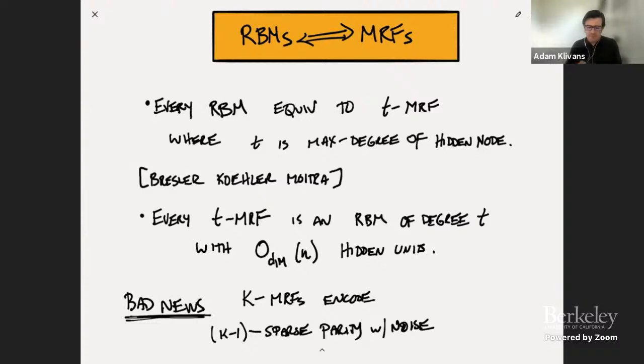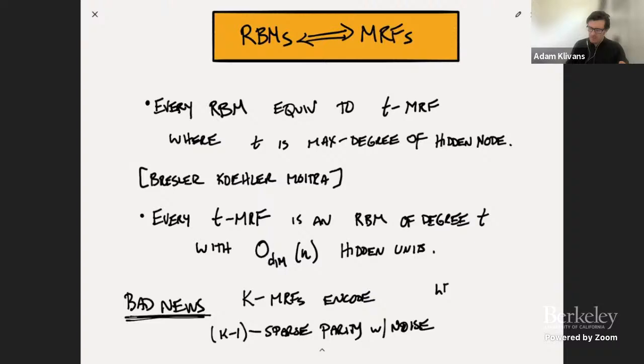And they show that every order T Markov random field is an RBM of degree T, where you have order n hidden units, and there are some constants involving the degree that I don't want to get into. The reason why this is bad news is that, as an immediate corollary, you can show that K-MRFs actually encode (K-1)-sparse parity with noise.